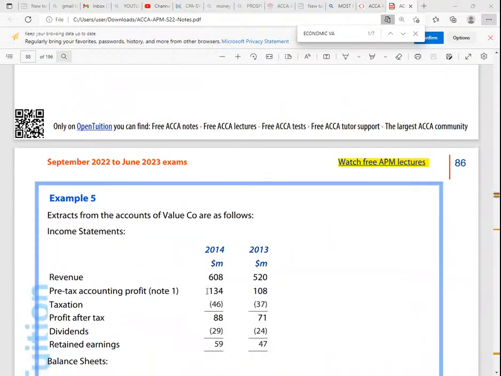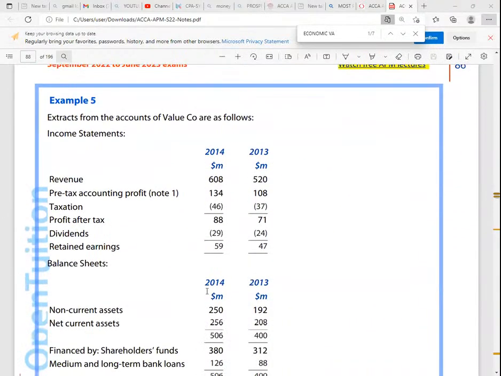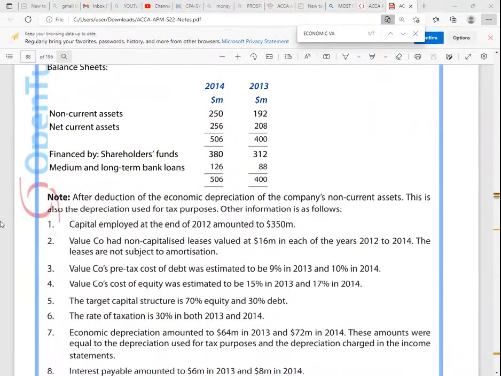Right? So we come here. Extracts from the accounts of Value Company are as follows. We have income statements. They have given us revenue, the pre-tax accounting profit, and then we have the notes. Note 1, capital employed at the end of 2012 amounted to 350. We have Value Company non-capitalized leases valued at 16 million in each of the years.